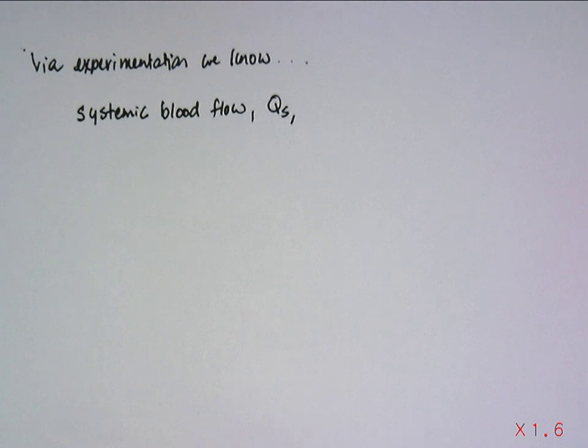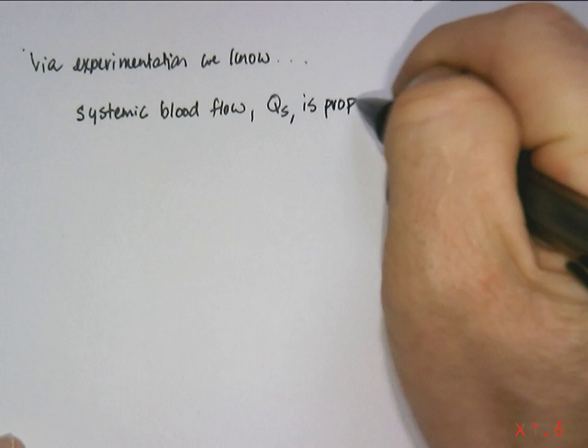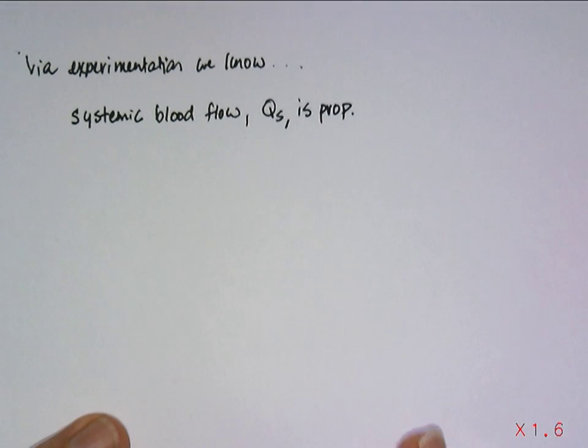So during the systemic phase of the blood pressure measurement, which again relates to the pushing of the blood up into the aorta so that it can go on into the body, the systemic blood flow, Q_S, turns out to be proportional, I'll write it that way, proportional to the difference.